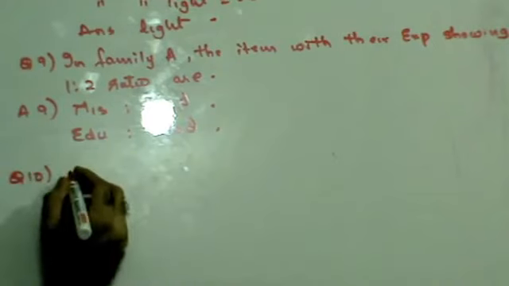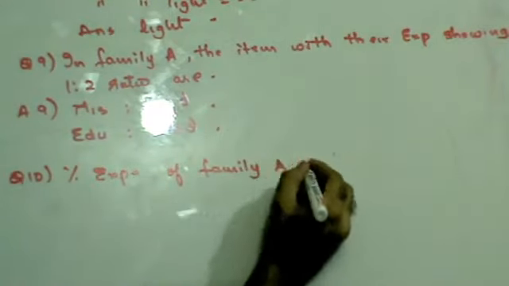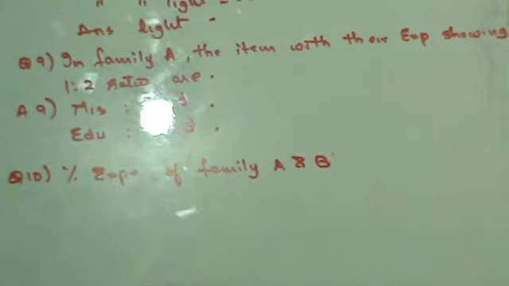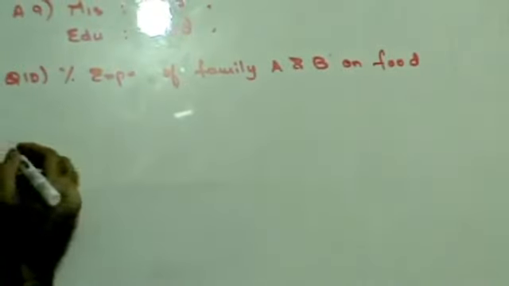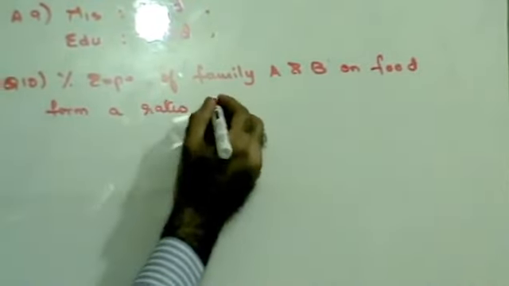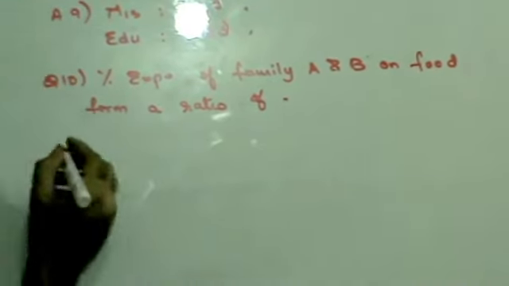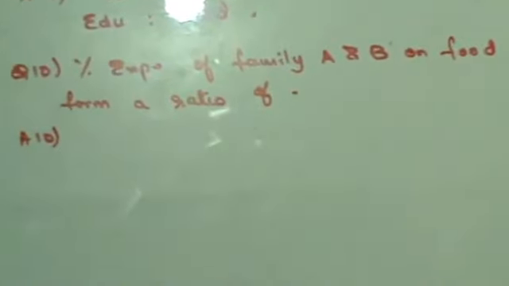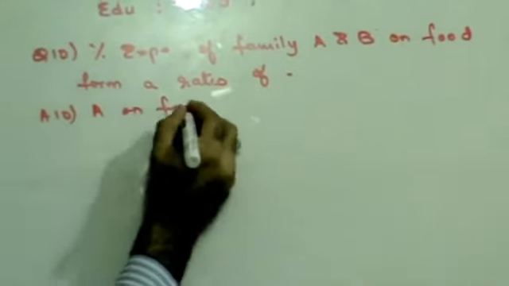The percentage expenditure of family A and B on food forms a ratio of... now let's see this. Percentage expenditure of family A on food.